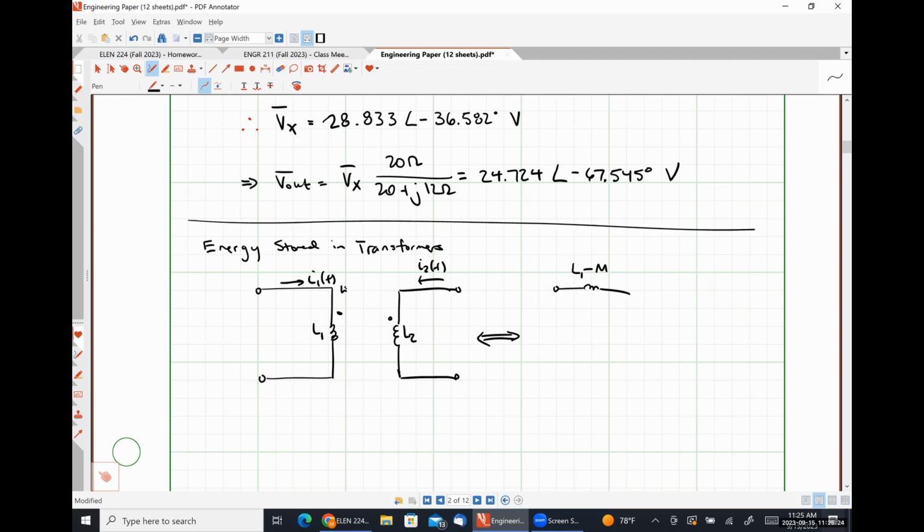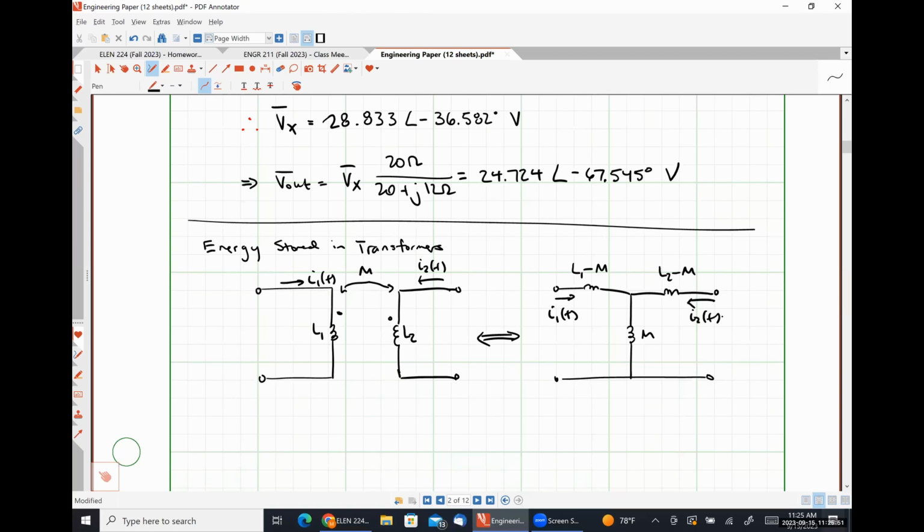Sorry, I need to put the M here. Where we're defining our current I1 flowing in and I2 flowing in.